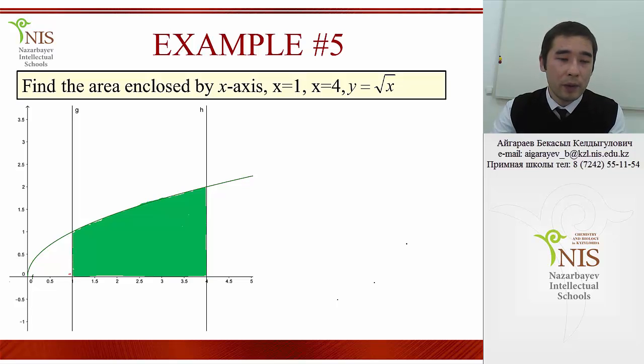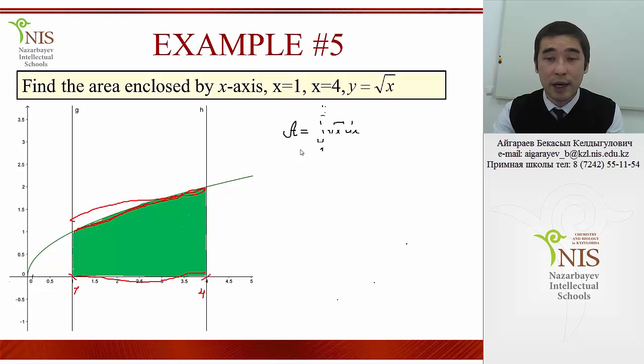So my starting point is 1, the ending point is 4, my function is square root of x, and the area between the x-axis and my curve will be calculated by this formula.